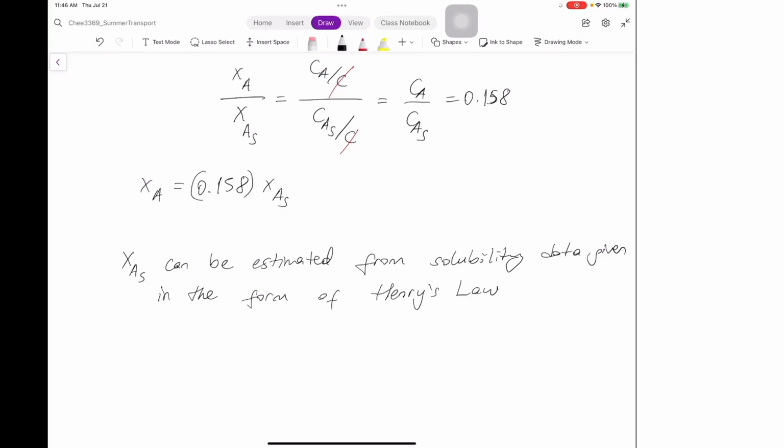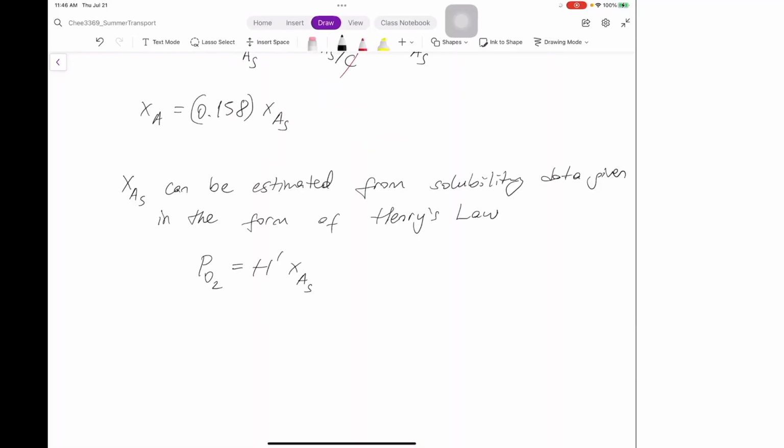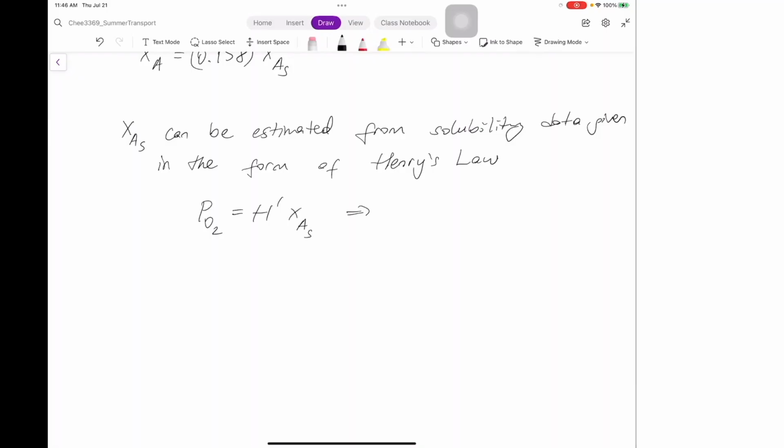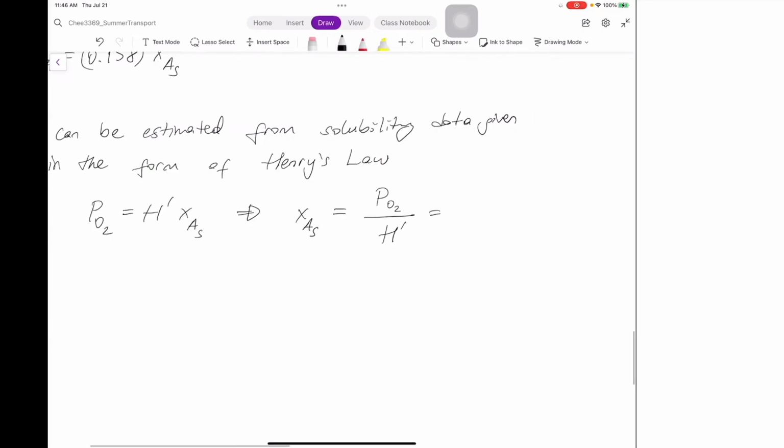The equation that the question provides is PO2 equals H prime times XO2, but it's basically XAS, the solubility mole fraction. So from here, XAS can be written as PO2 divided by H prime. The PO2, the entire thing, is the oxygen at 130 kilopascal.